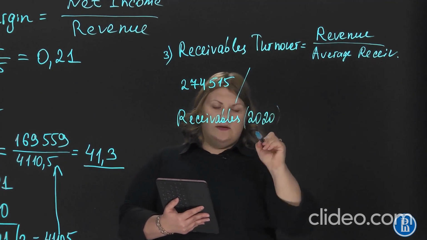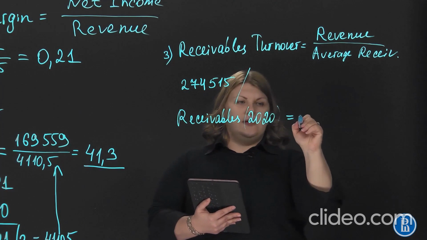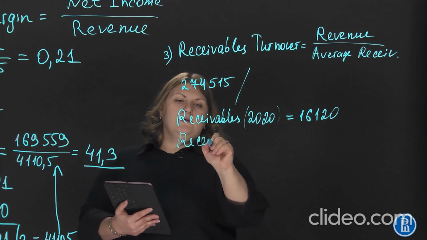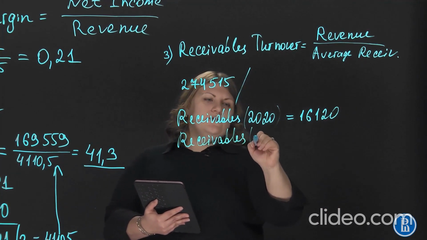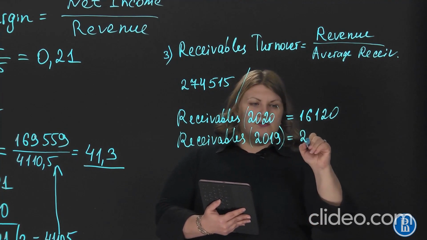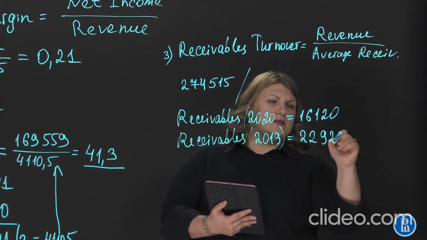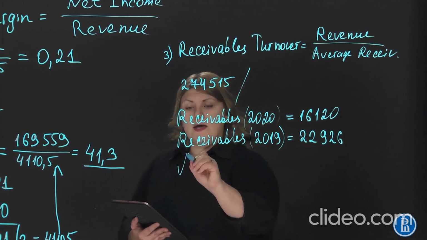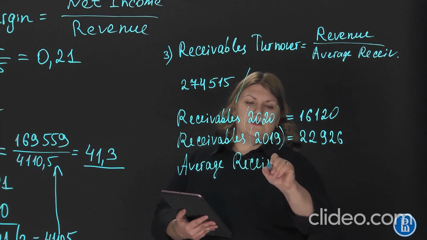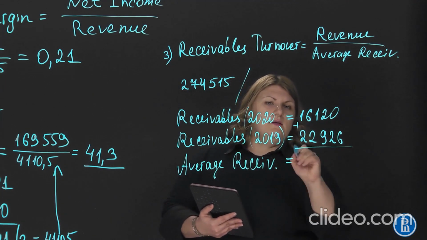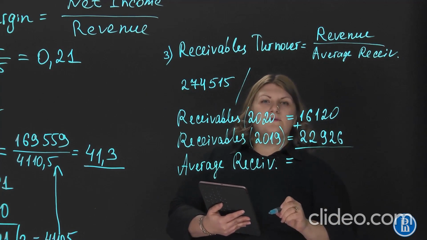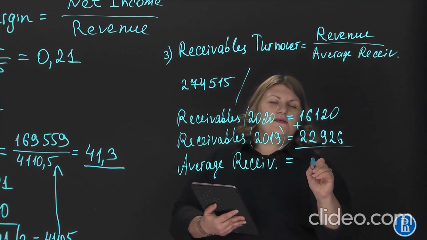As for the average receivables, let's look at receivables in 2020, which was reported as 16,120, and receivables of 2019, which was reported as 22,926. Now we are looking for the average figure here, and average receivables can be calculated as the sum of these two figures divided over 2.